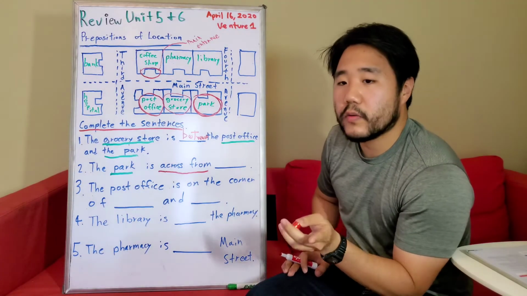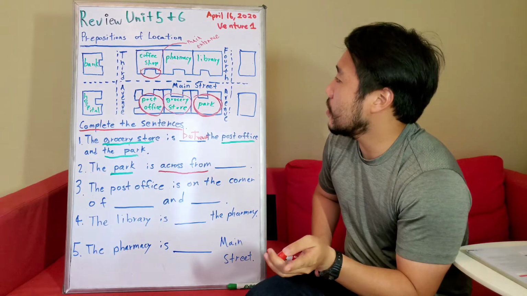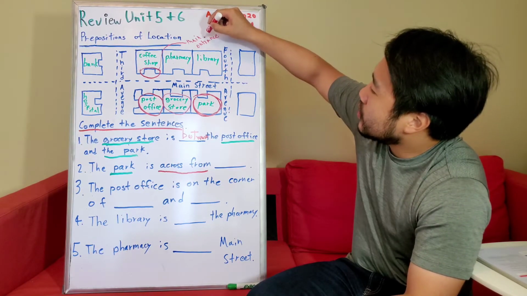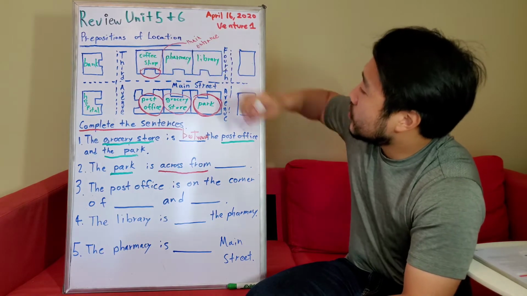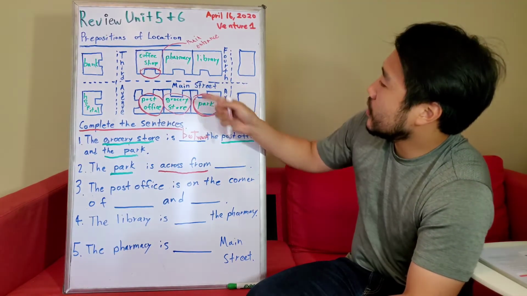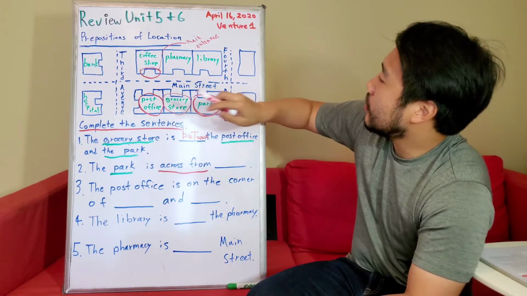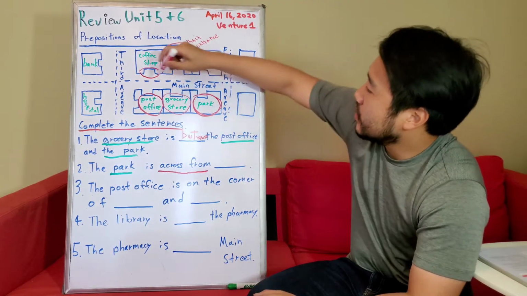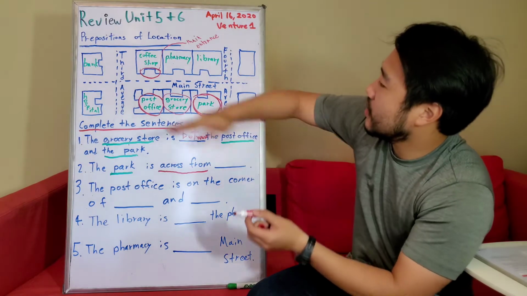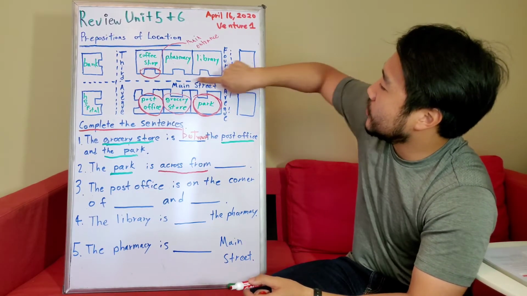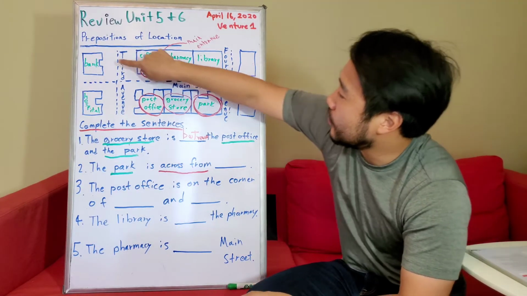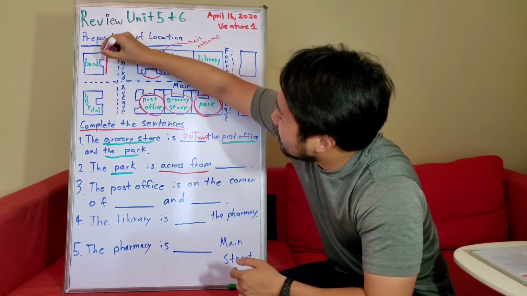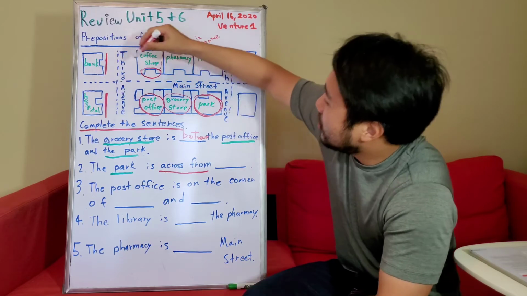Before we go to across from, I think it's important to emphasize that I told you the main entrance is drawn like this. If you look at each building, the main entrance for the coffee shop, pharmacy, and library is all on this side. This is the front of the building. For the bank, the front of the building is here. Hospital is here.